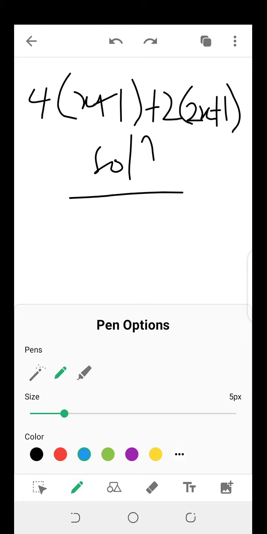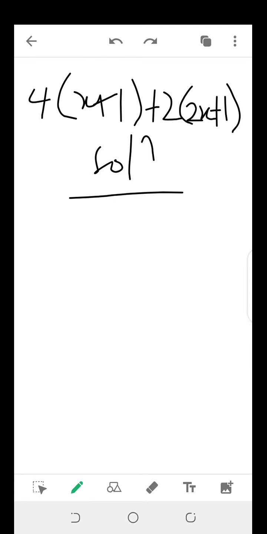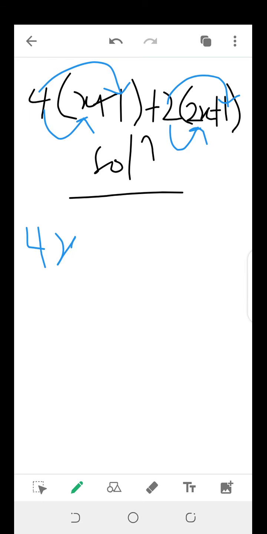So all that we need to do is that we need to know how to simplify this or open this bracket. We use the 4 to multiply the first x, the first number in the bracket, and we use 4 to multiply the 1. We come to the second bracket, we use 2 to multiply the 2x, and we use the 2 to multiply the 1 here. So 4 times x will give us 4x, plus 4 times 1 will give us 4, plus 2 times 2x will give us 4x, plus 2 times 1 will give us 2.